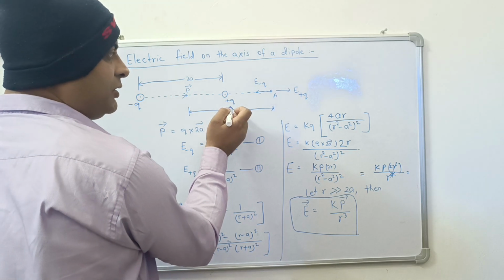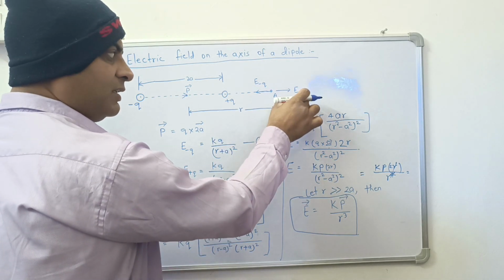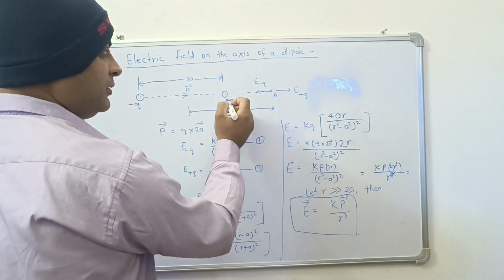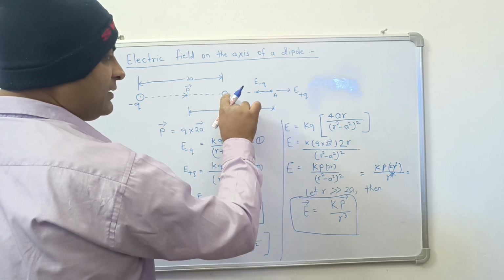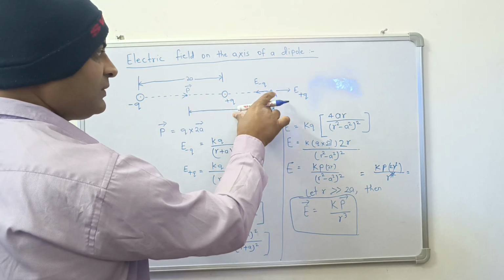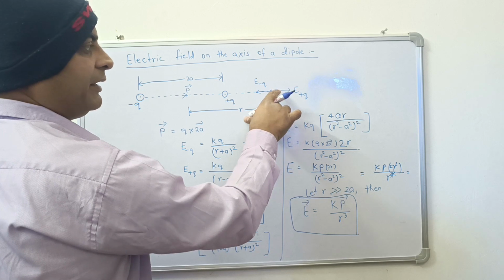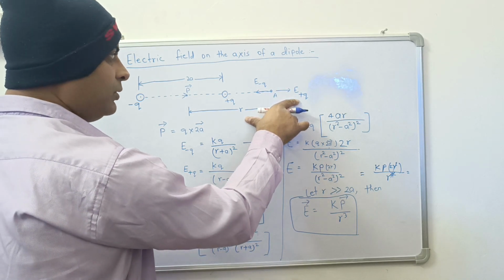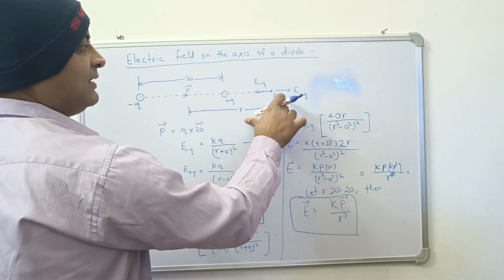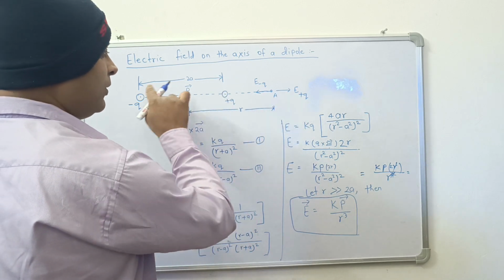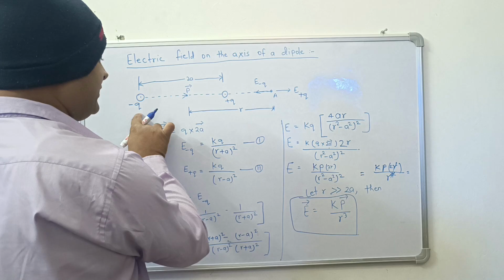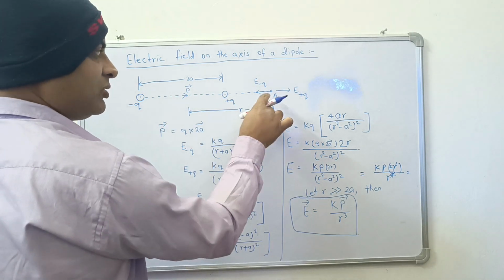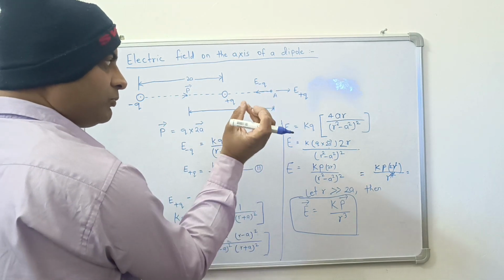Due to the plus Q charge, the electric field will be radially outward and of higher magnitude, while the electric field due to minus Q will be smaller.